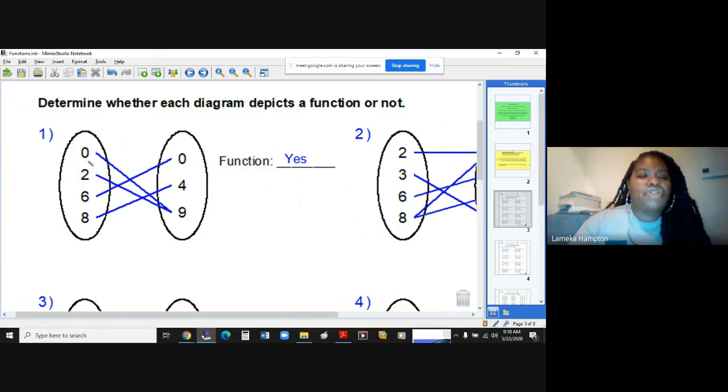All right, so as you can see here, I have 0, 2, 6, and 8. These values represent my X. Again, this could be my X column, my domain, or my independent variable, depending on which terminology you want to use. And this is my Y value.